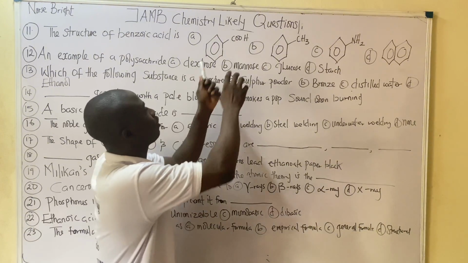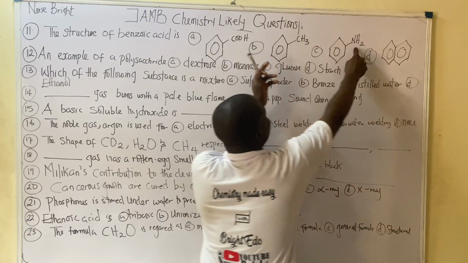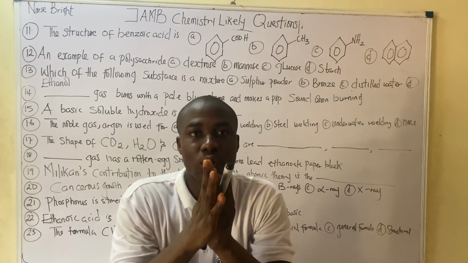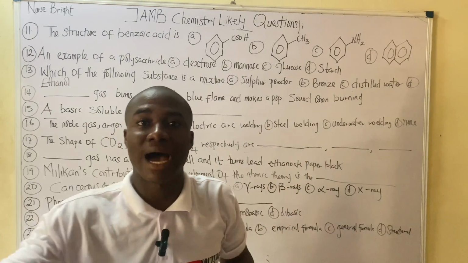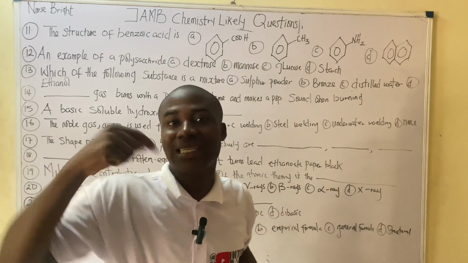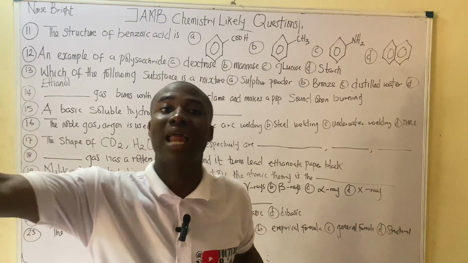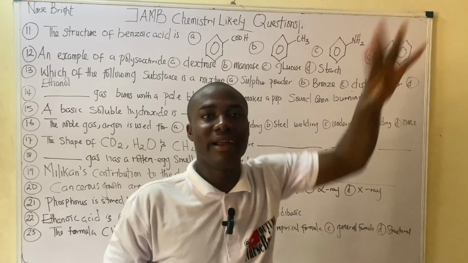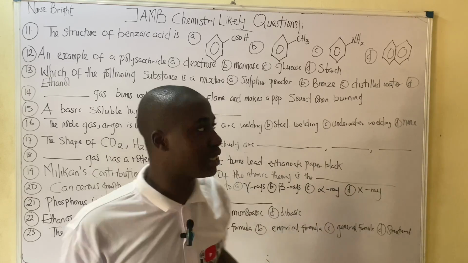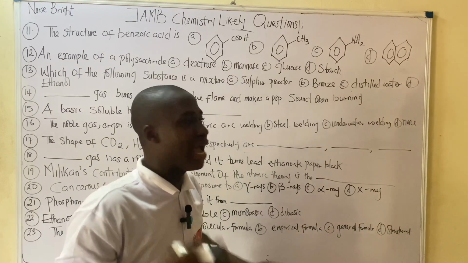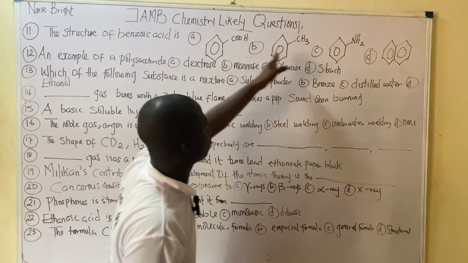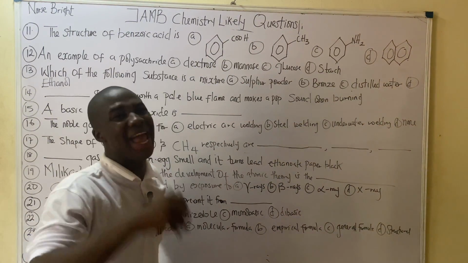Now you have to understand all of them without these groups are called benzene, except this option D, which is two benzene rings coming together and is called naphthalene. Remember I said in this video that naphthalene sublimes. Naphthalene can change from being solid directly to a gas. Do you understand? So let's leave that aside because this can never be the answer. So the answer is going to be from option A to option C, which is called benzoic acid.